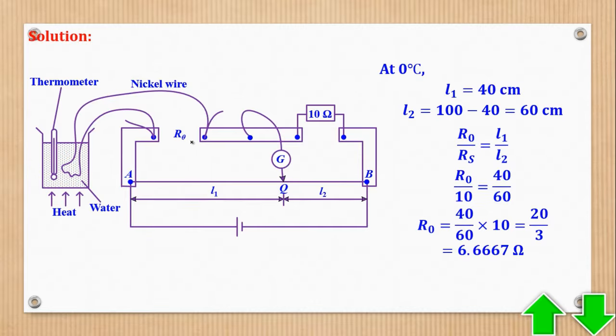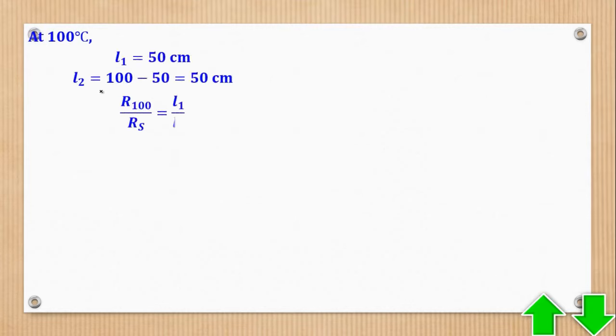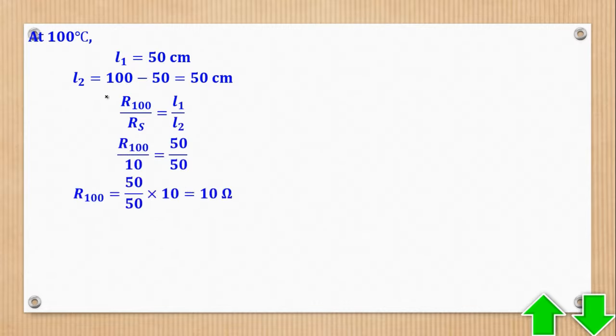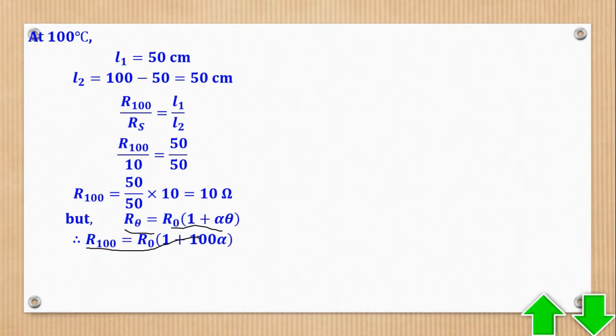So that is R naught. What about at 100 degrees Celsius? L1 is that, L2 is that, balance condition, substitute, and make R100 the subject. But you know that R theta is equal to this, therefore R100 is that.